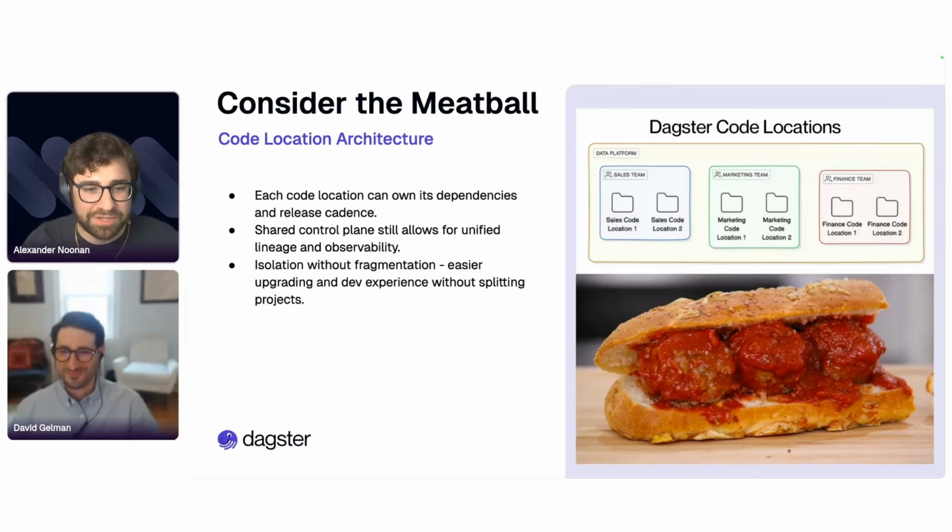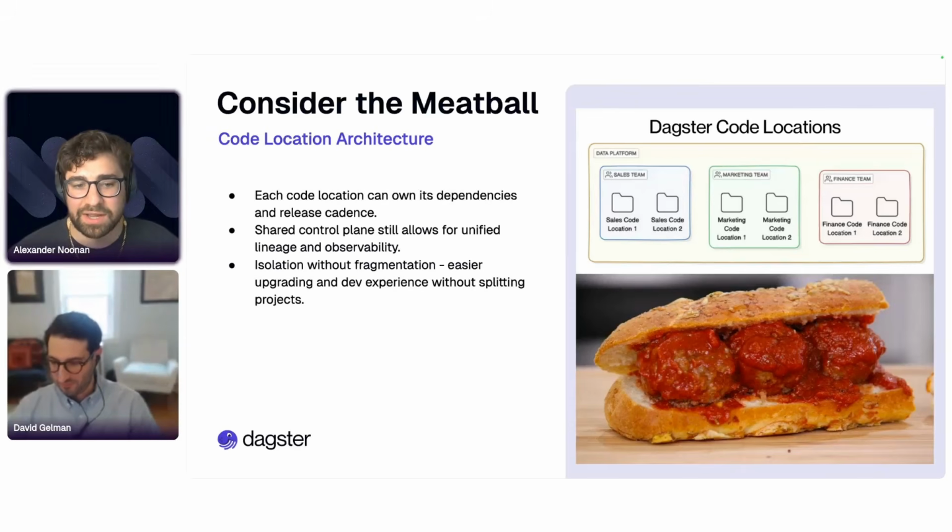And your metadata is probably the cheese. But what I'm getting at here is you want to have the right things sharing the right compute, the web server, the UI, and the daemon managing all the schedules and sensors, while you have isolation for the things that need the isolation, whether it's different resources or workspace or teams.